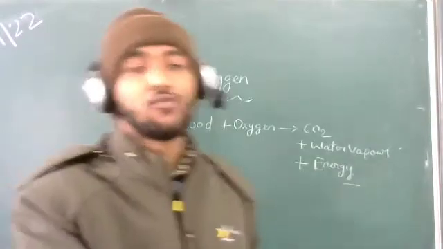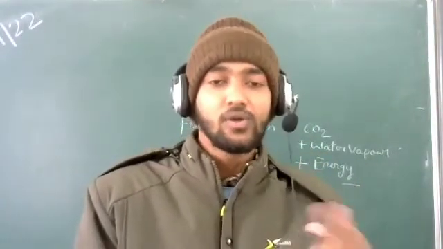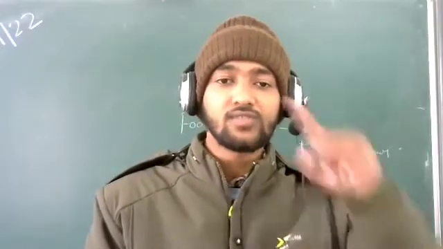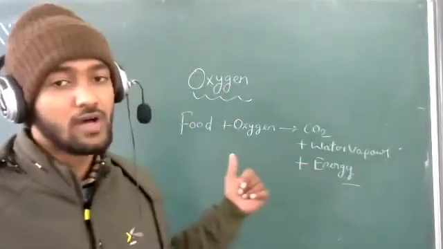And you can observe that when you exhale, carbon dioxide is also released, and when you exhale in front of a mirror, you can see the water vapor on the mirror surface. So water vapor is also released during the process of respiration.